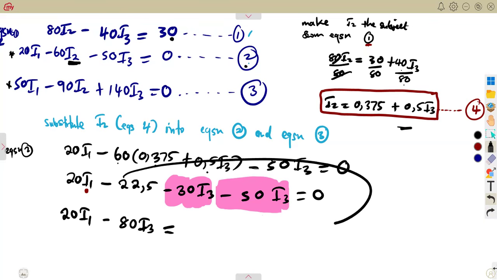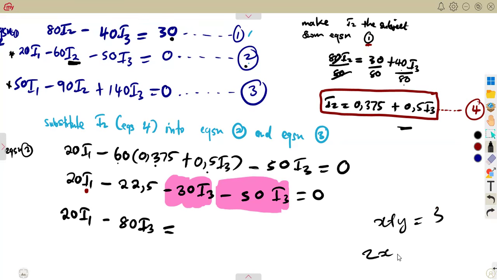Remember, guys, when you're dealing with two unknowns, like x plus y is equal to 3, 2x plus 2y is equal to 7, we write the numbers on the other side. So this is it, you have I1 and I3. So it's going to be 22.5.